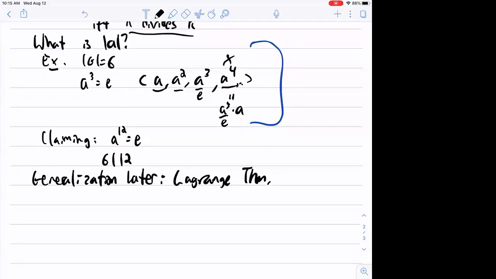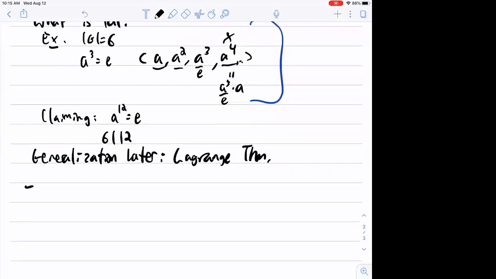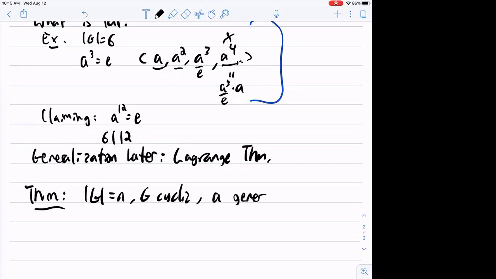Okay, moving on. We have a notion of the order of all the other elements. So if the order of G is n, G cyclic, a generator in particular, so the order of A is n, and we let B be A to some power. I don't know what K is, it's just arbitrary. B is A to some power.